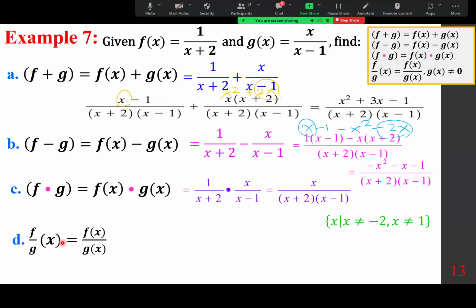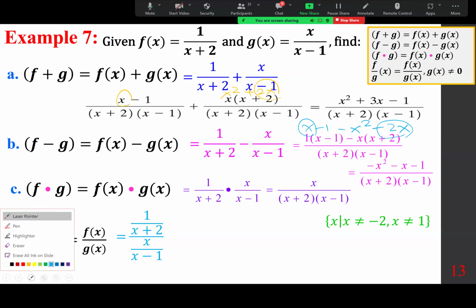Finally, f over g, just write it as such, and I hope you recognize this as a complex fraction. To simplify a complex fraction, you can multiply both the top and the bottom by the LCD, or because really there's only one fraction at the top and one at the bottom, an easier way would be this.